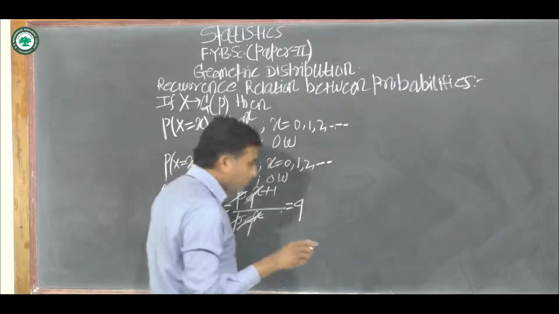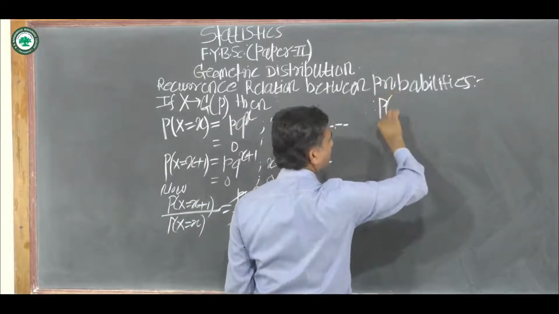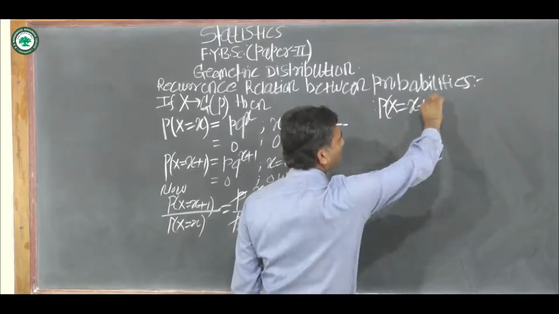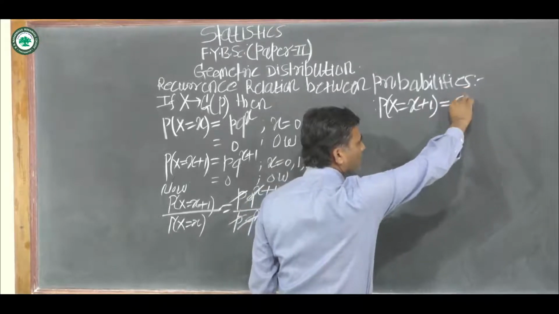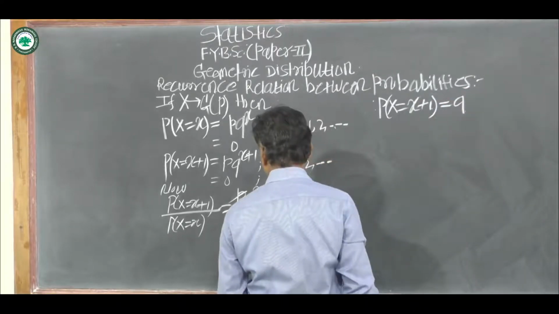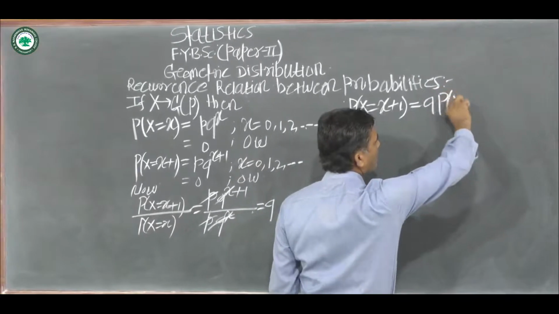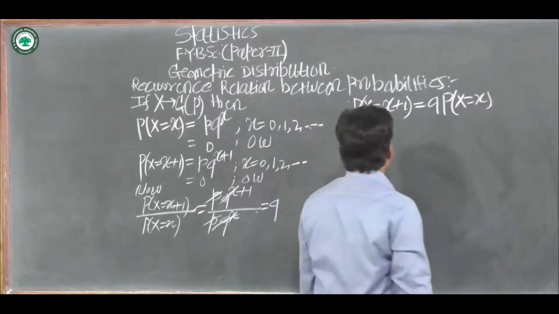Okay, therefore probability of X equal to x plus 1 is equal to q into probability of X equal to small x.